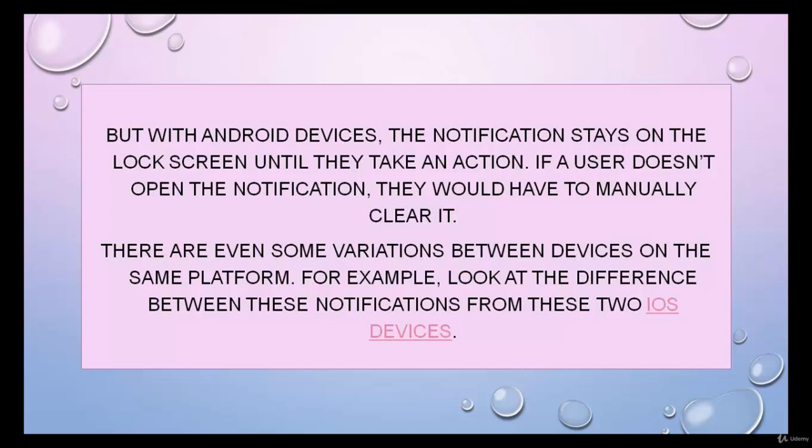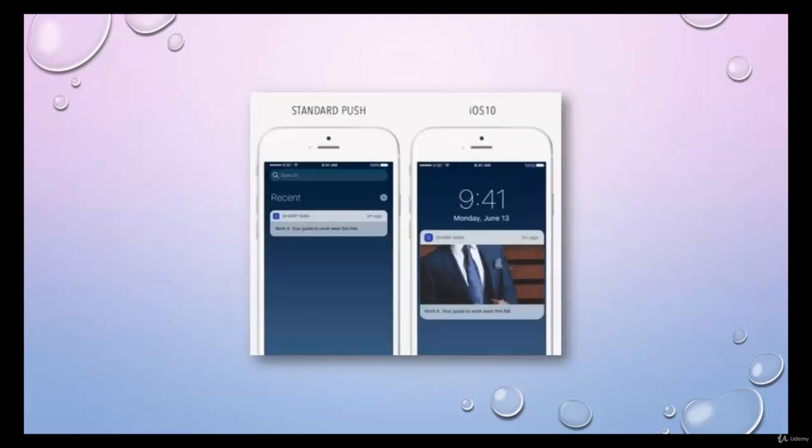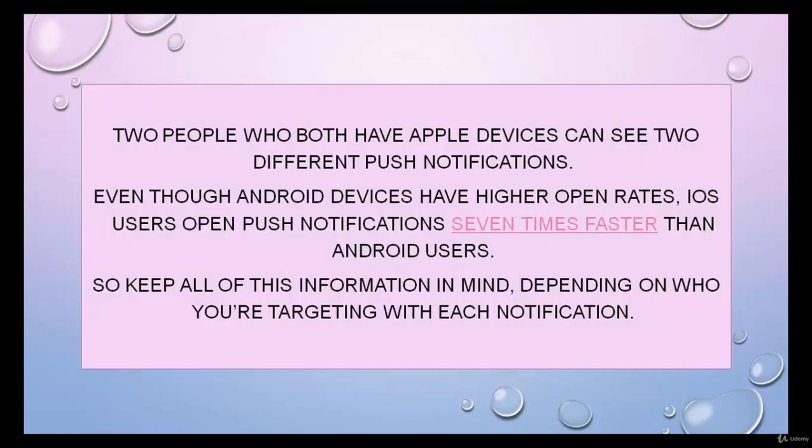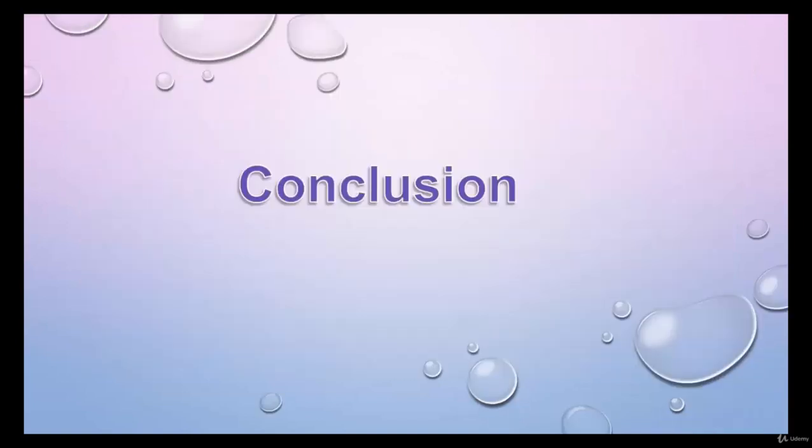For example, look at the difference between these notifications from these two iOS devices. Two people who both have Apple devices can see two different push notifications. Even though Android devices have higher open rates, iOS users open push notifications 7 times faster than Android users. So keep all of this information in mind, depending on who you're targeting with each notification.